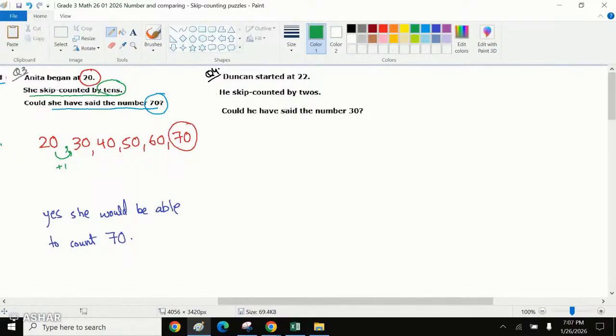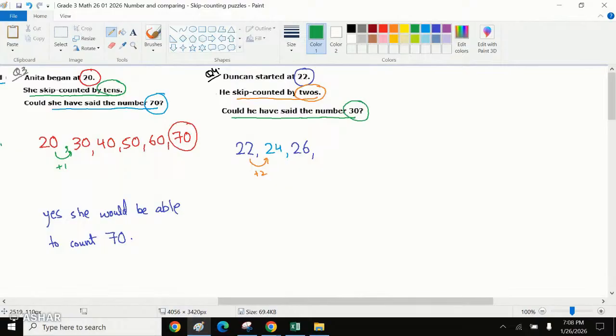If Duncan is starting at 22 and he skip counts by 2s, that means the next number would increase by 2. So we can say 22 plus 2 is 24. 24 plus 2 is 26, and so on. Could he have said the number 30? Would he be able to say 30?